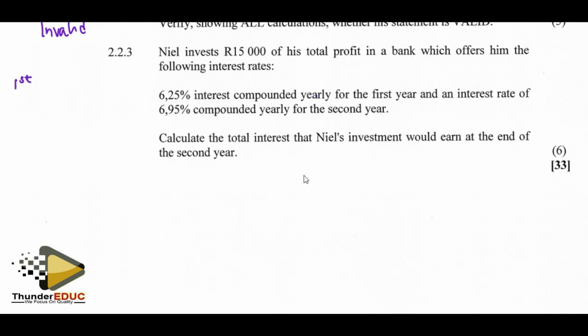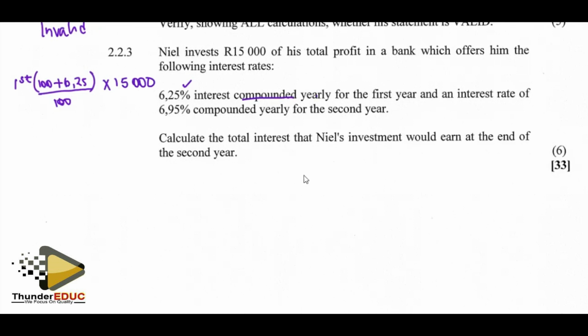First year, because it's like inflation, it's compounded. It means the money is going to increase by. So first year I would say 100% plus 6.25% over 100. I'm doing this because I'm increasing. This is compound interest. So times the money.